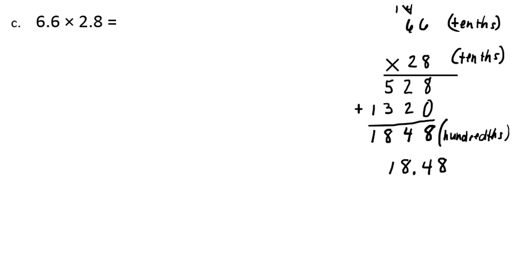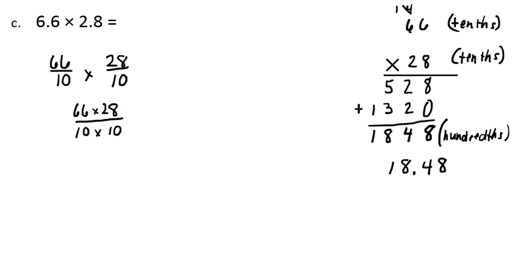To show it in fraction form, 6 6/10 is the same as 66 tenths. I'll multiply that by 28 tenths. That means I'm going to take 66 times 28 over 10 times 10. Well, we did 66 times 28 in our vertical format, and that was 1,848. 10 times 10 is 100.